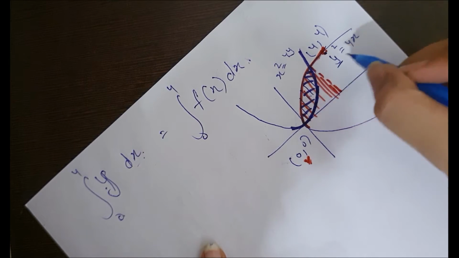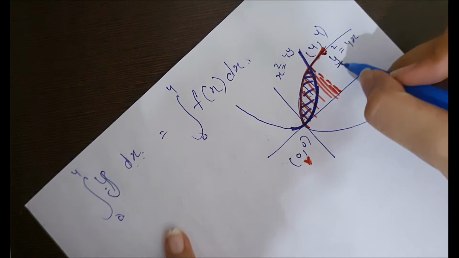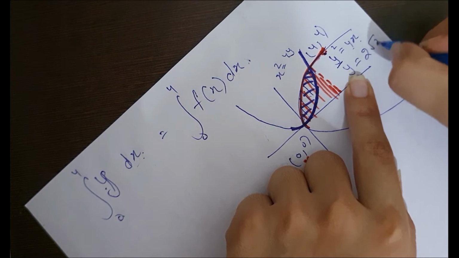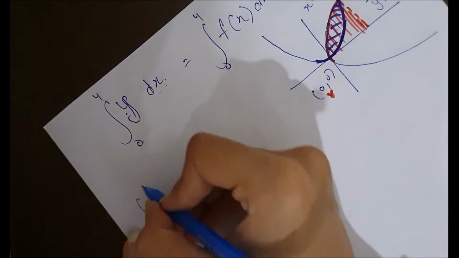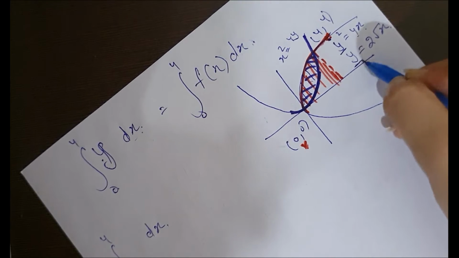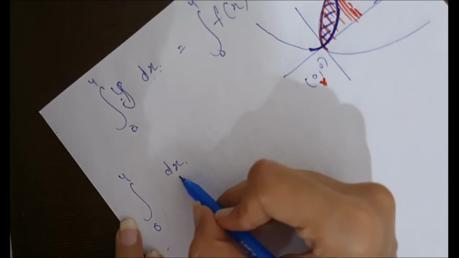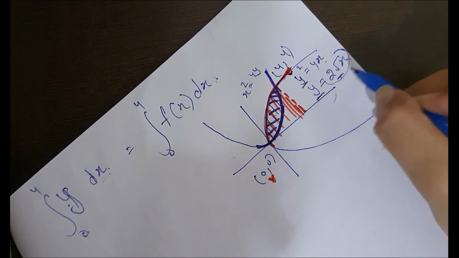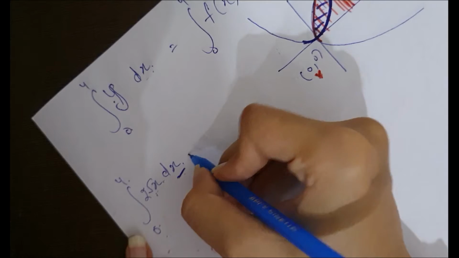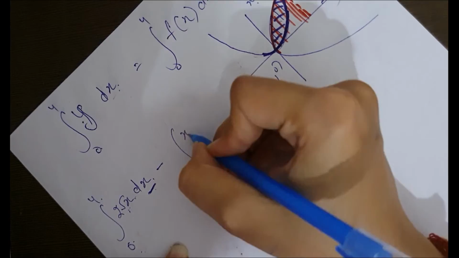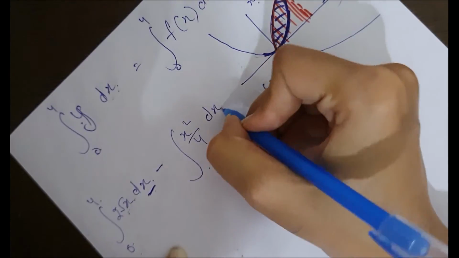Here the value of y from the area of this part: y square is equal to 4x. It means that y is equal to 2 root x. Write it down. From 0 to 4, integrate with respect to dx. Here we have to put the value of y so that we get a function of x, because we are integrating with respect to x. So the function of x is 2 root x minus, here the value of y is x square by 4, dx.